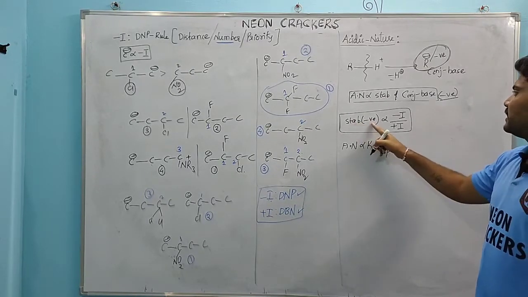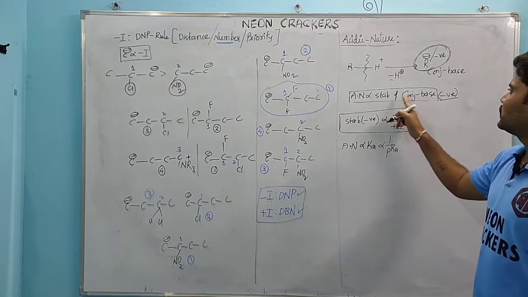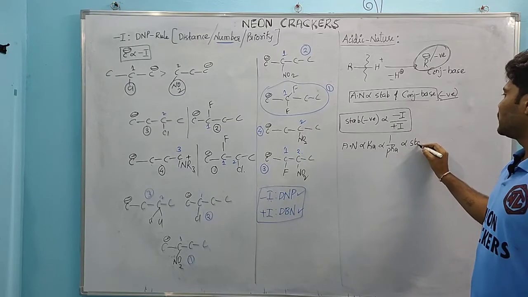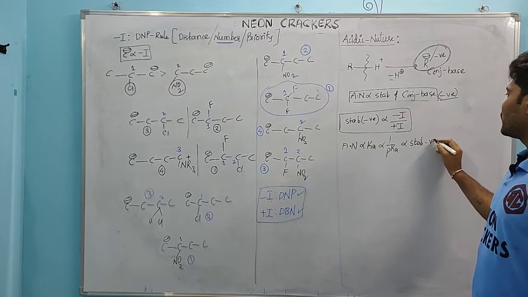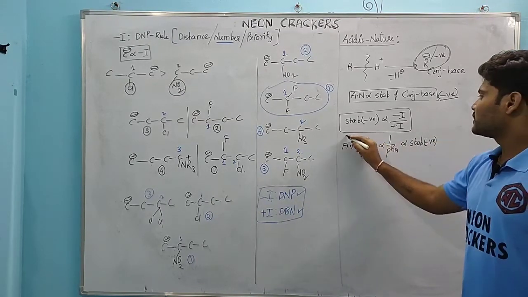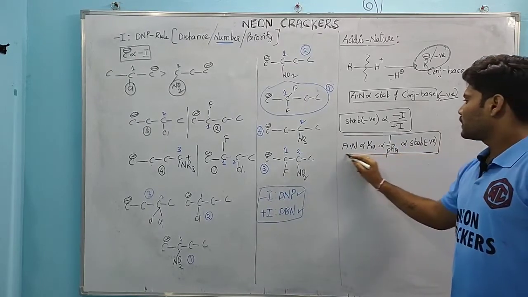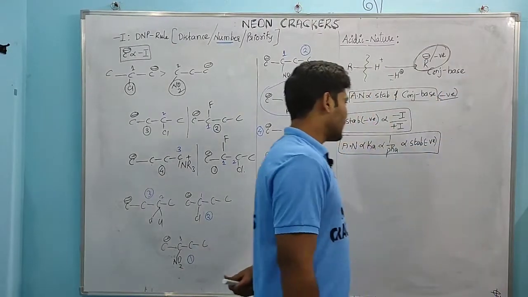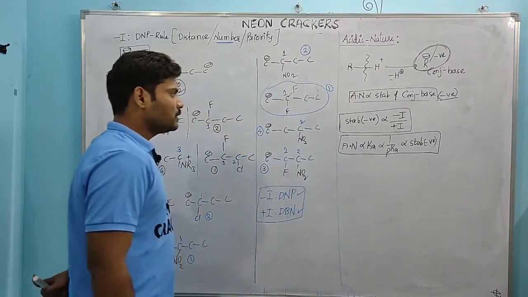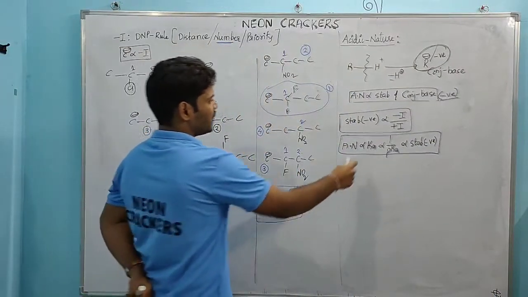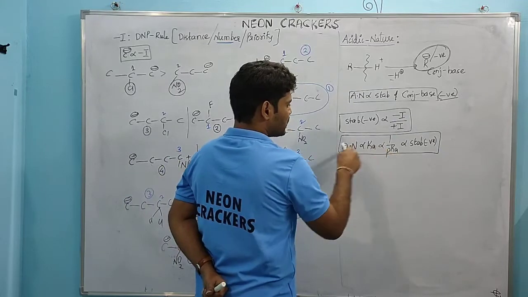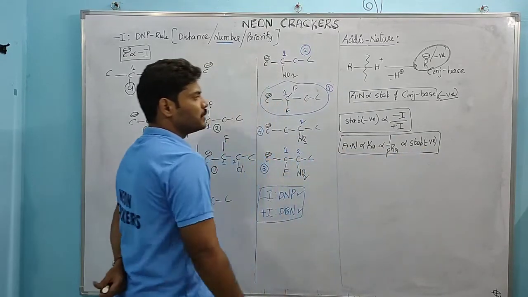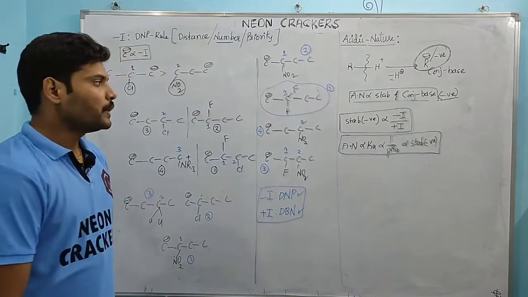Stability is directly proportional to acidic nature, which means stability of the negative charge. By using this, whatever the sequence, you will be able to find the Ka value, pKa value or acidic trend. Overall, it depends on the stability of the conjugate base.